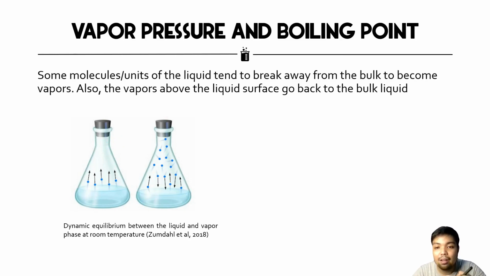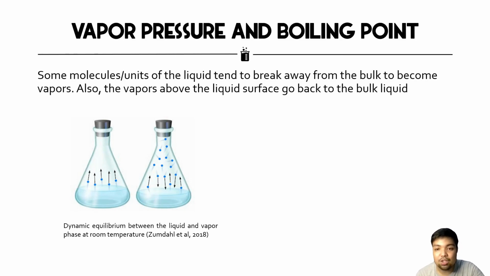So this action is actually dynamic. That means the liquid evaporates, and at the same time the vapor condenses back to liquid. They both happen at the same rate. Now, the vapor above the liquid, since it is already in the gas phase, will exert some sort of pressure.